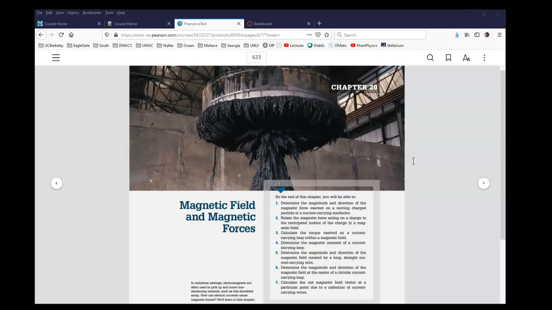So I decided to divide the chapter into 2 weeks, and I will be doing 2 videos, part 1 and part 2. In this part 1, I will be covering the magnetic force and the magnetic force due to a moving charge, and the magnetic force due to a current.